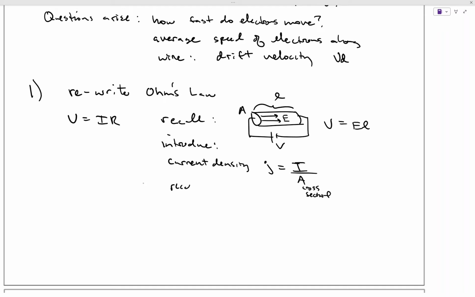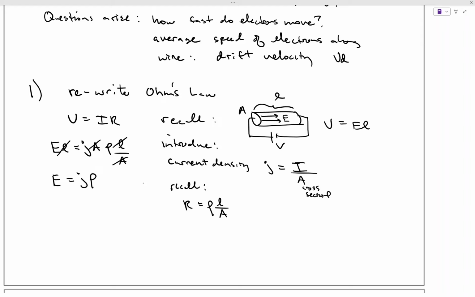We already have a picture for the resistivity. Recall that the resistance is rho, the resistivity, times the length over the area. If we put those ingredients together, we get E times length equals J times A times rho length over A. Some of these things cancel out, and we're left with a concise relationship between the electric field, the current density, and the resistivity.